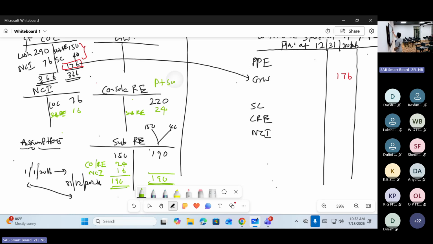The parent we directly took as the opening balance. The subsidiary we take at the end. Keep remembering that. We are keeping aside subsidiary retained earnings, and finally you split that and get the parent portion. Right? Keep remembering that.